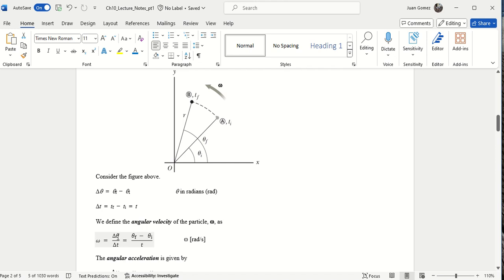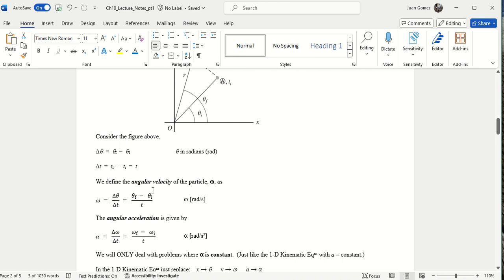Omega is delta theta over delta t. Well, what is delta theta? Theta f minus theta I. And delta t is just t. So omega is theta f minus theta I all over t. And it's measured in radians per second. Remember, a radian is a way of expressing a degree as a real number.